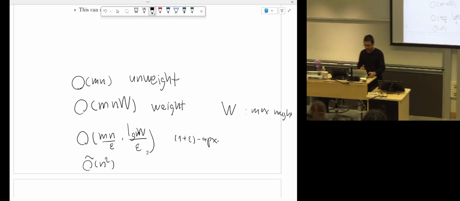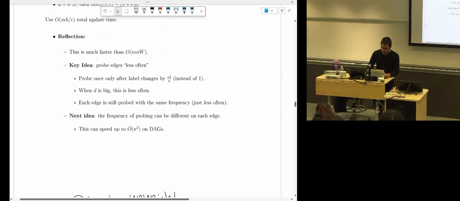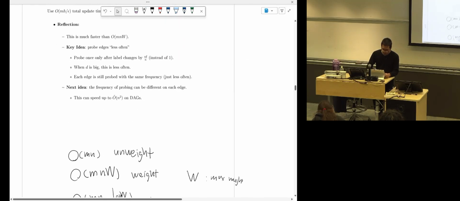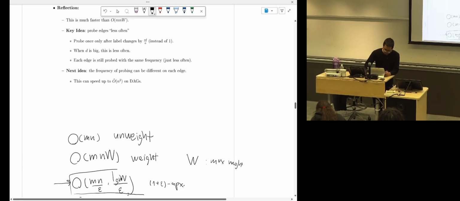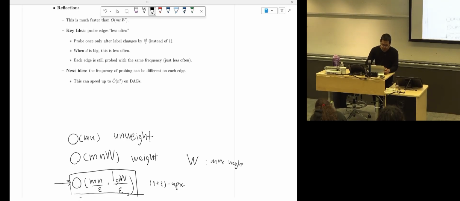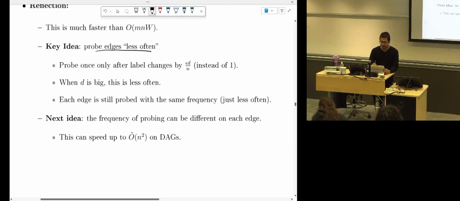The key idea that we get to this algorithm is that we basically probe edges less often.